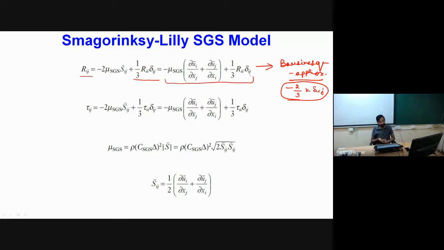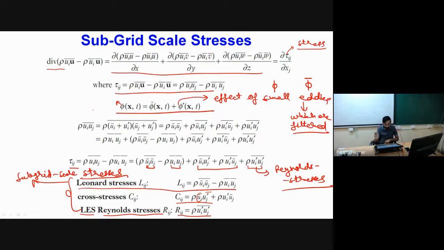Now in case of this particular SGS model, instead of writing only the Reynolds stress using this approximation, we write our entire stress parameter. Just now I told you that we have three contributors, Lij, Cij and Rij, but all these three originate from a single parameter tau ij.